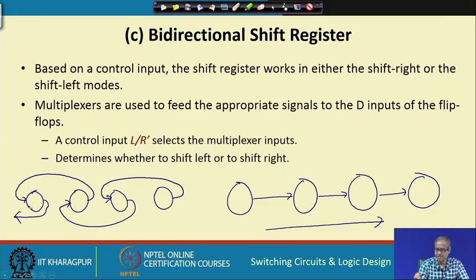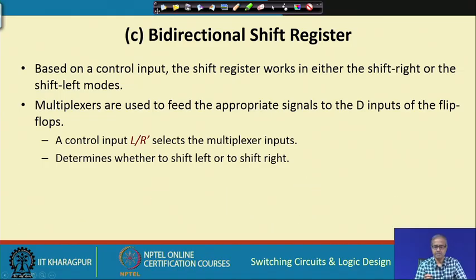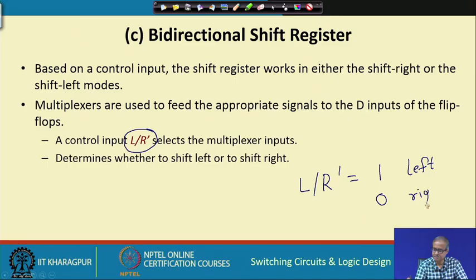So, we will have to connect the Q's and D's in the reverse order. We need to use multiplexers so that the proper inputs are applied to the D, and I am assuming there is a separate control input called LR bar, which if it is 1, means left shift, and if it is 0, means right shift.